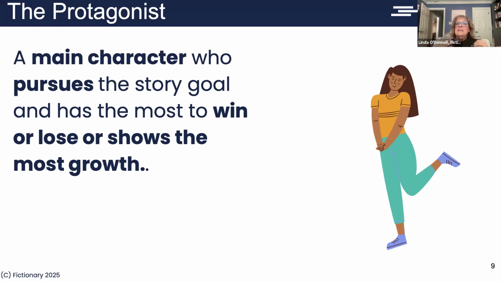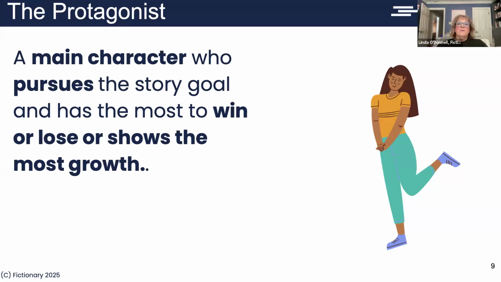So, the protagonist is the main character who's pursuing that story goal across your entire book. They have either the most to win or lose, or may have the most character growth to overcome. So, this is a story-level character who needs to achieve their goal in order to find love.